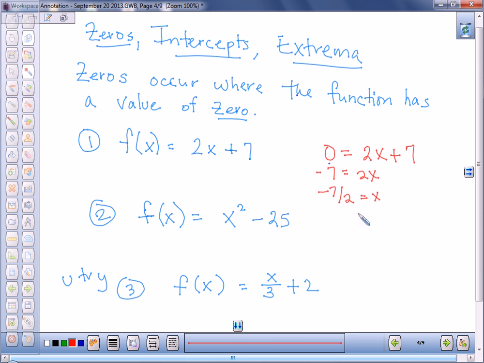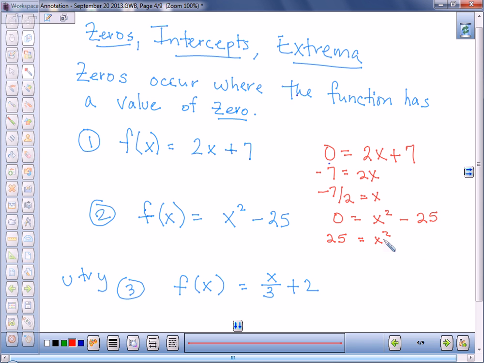Does that make sense? Yes. All right, so let's take a look at number 2. f of x equals x squared minus 25. Let's find the zeros. So we plug in 0 for the value of the function. So we get 0 equals x squared minus 25. Add 25 to both sides. 25 equals x squared. Before we actually solve this, let's talk about what this means.